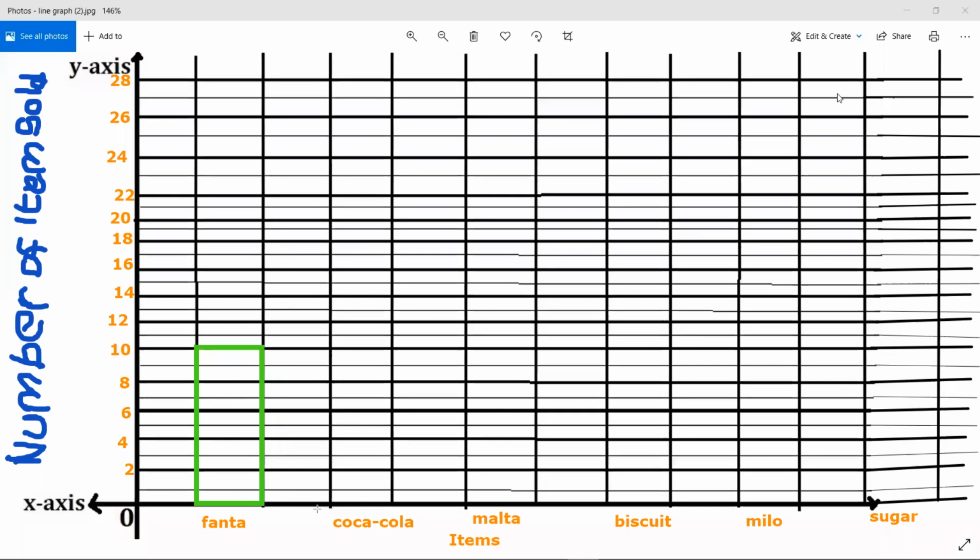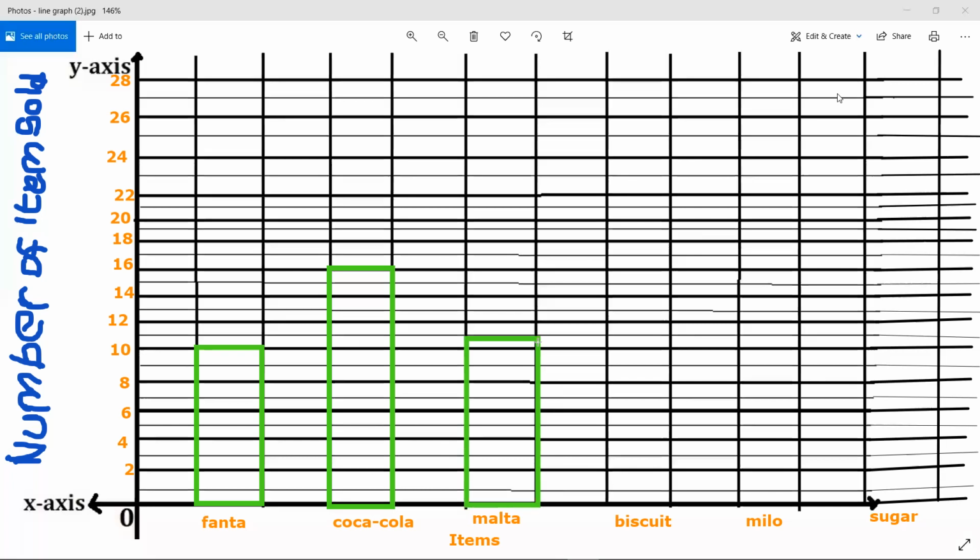Then you leave 2 centimeters from a deep line to deep line or faint line to faint line. Coca-Cola is 16. So you have the Coca-Cola, which is 16. And then malt, 12. So malt is 12.